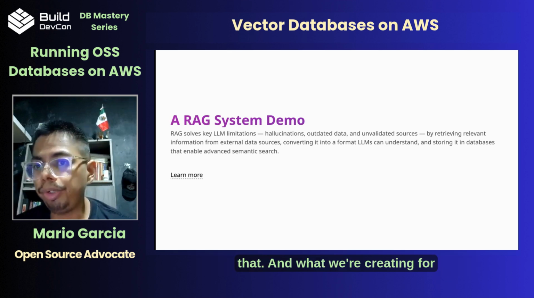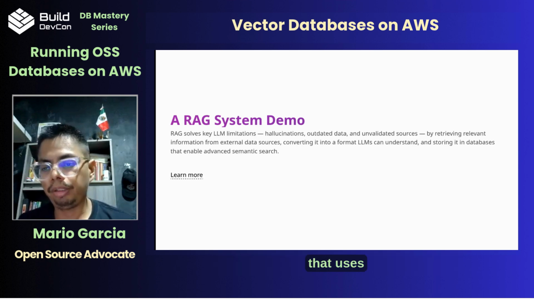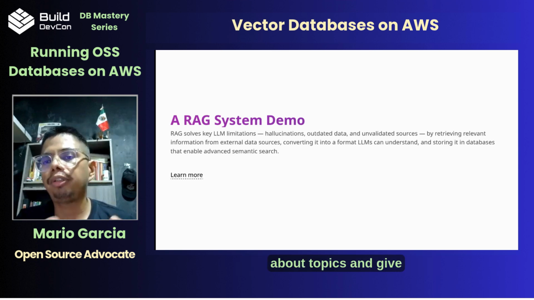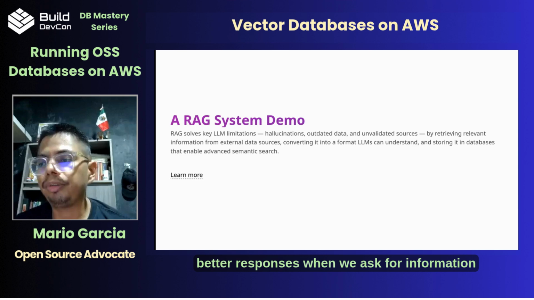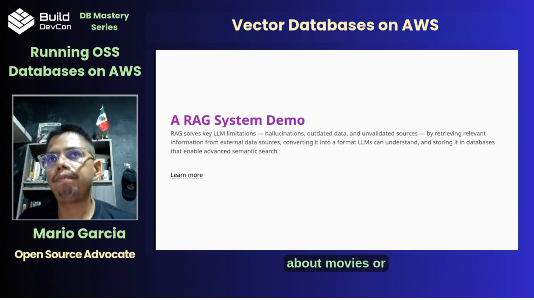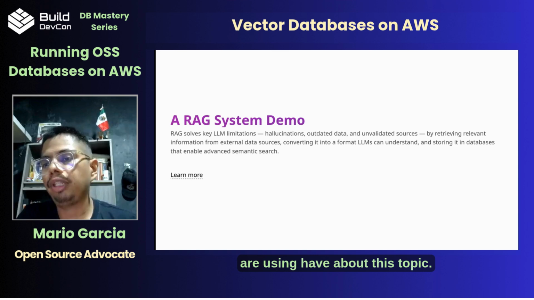And what we're creating for the demo is actually a small application that uses the vector database for learning about topics and gives better responses when we ask for information about movies or any other data that the data set that we are using has about this topic.